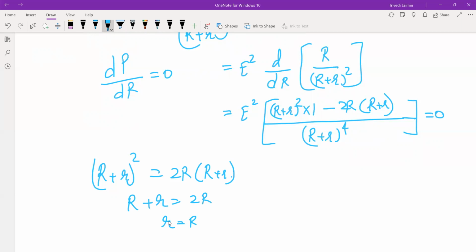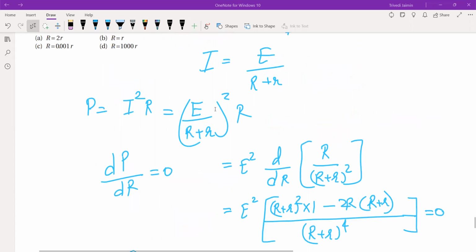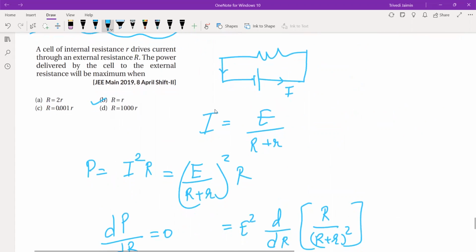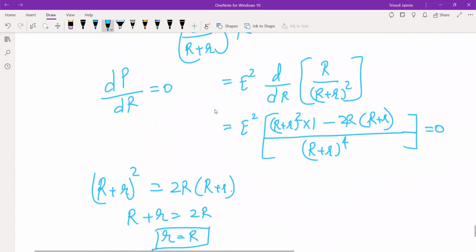So r equals R. Okay, do we have an option like this? R equals r? Check. Yeah, B, right? So B is your correct answer.